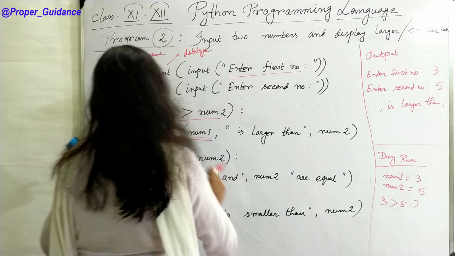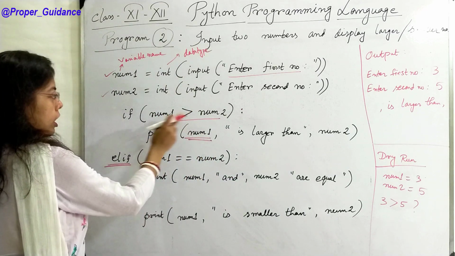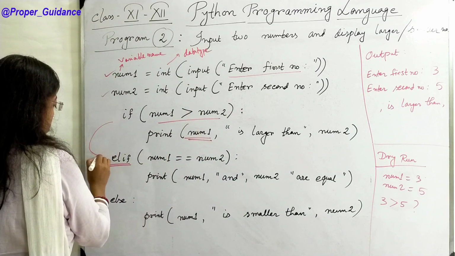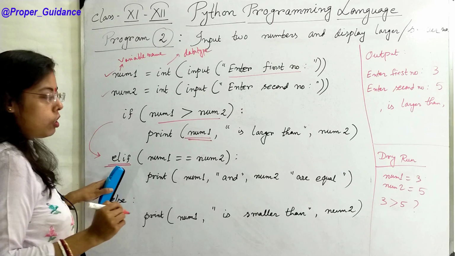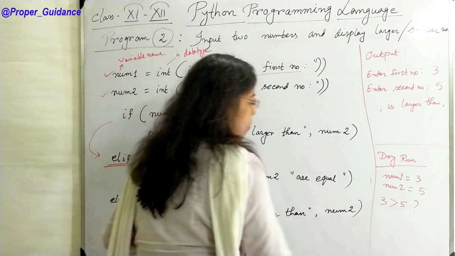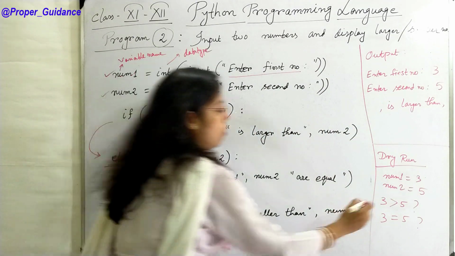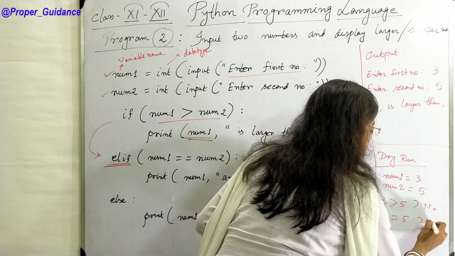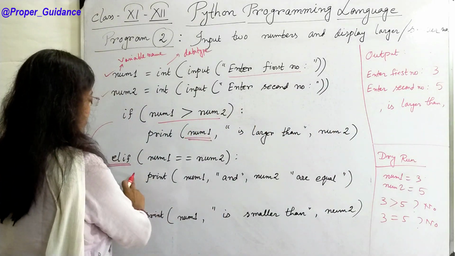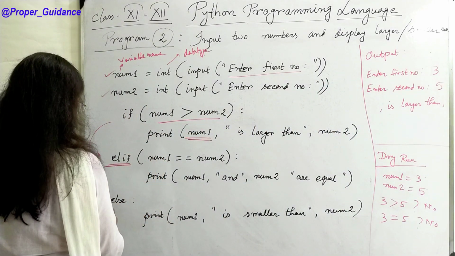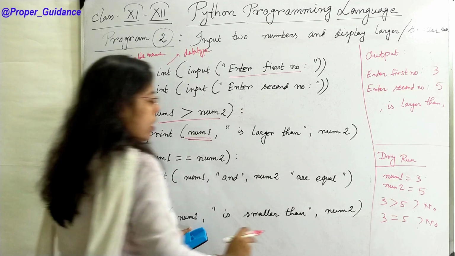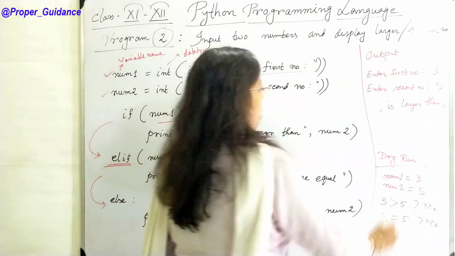No. So when this is not larger than num2, it will come here to the elif section. Whether num1 equals num2, 3 equals 5? No. This is no, this is also no. Right? So it comes here: num1 is smaller than num2.